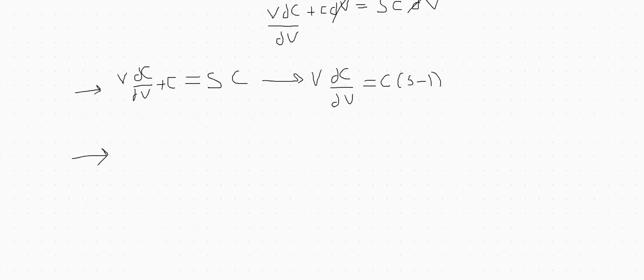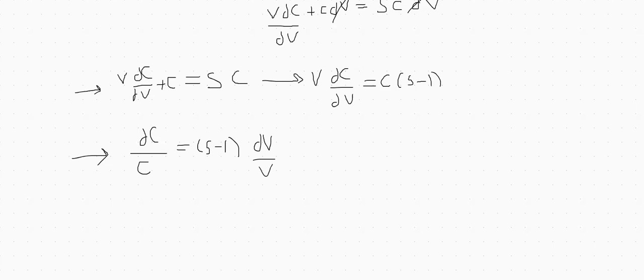So let's do that. Now dC over C is equal to S minus 1 dV over V. Okay, sweet.